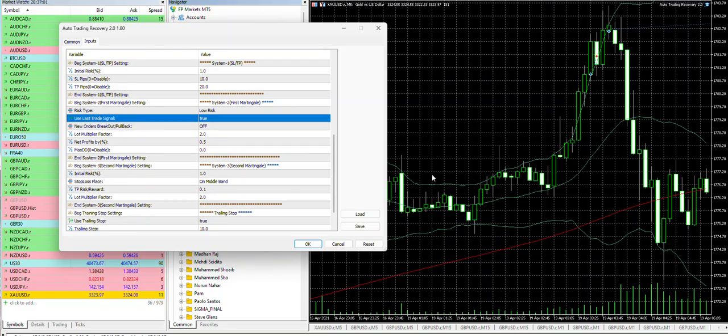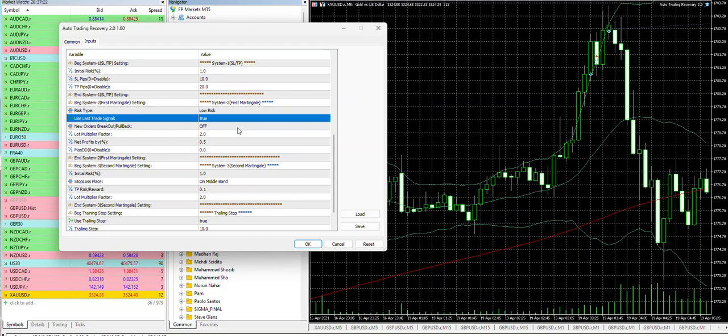So if we have a buy signal, the next one must be after a sell signal, so it will not enter more than one buy. This will not happen here. We have a buy here and we have a buy here.